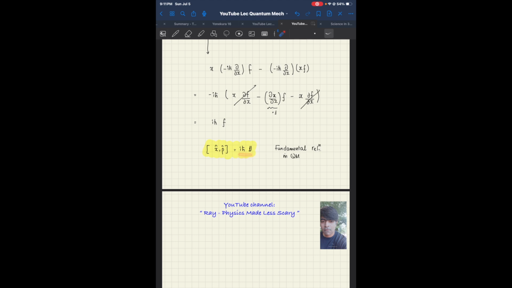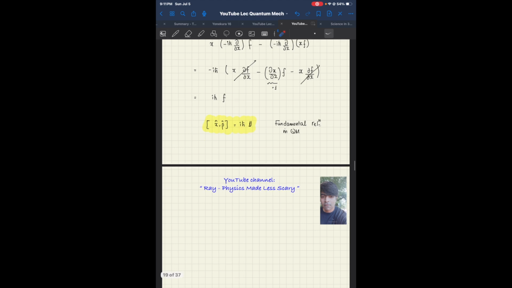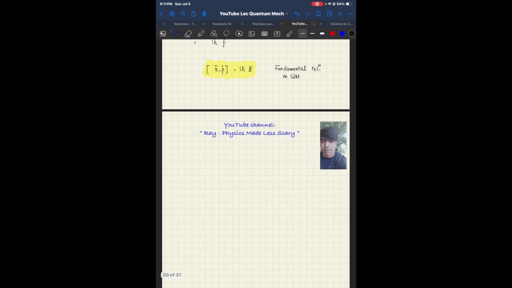It's non-zero on the right-hand side. They commute if you go into the so-called classical limit. What is the classical limit here? Well, the classical limit is h bar tends to 0.